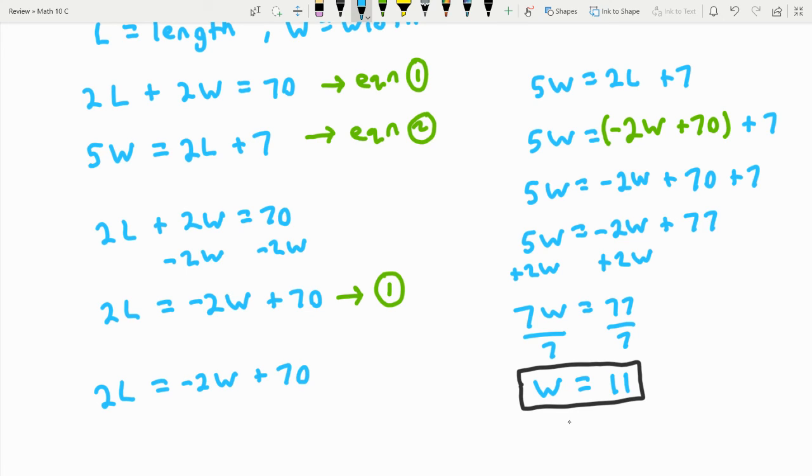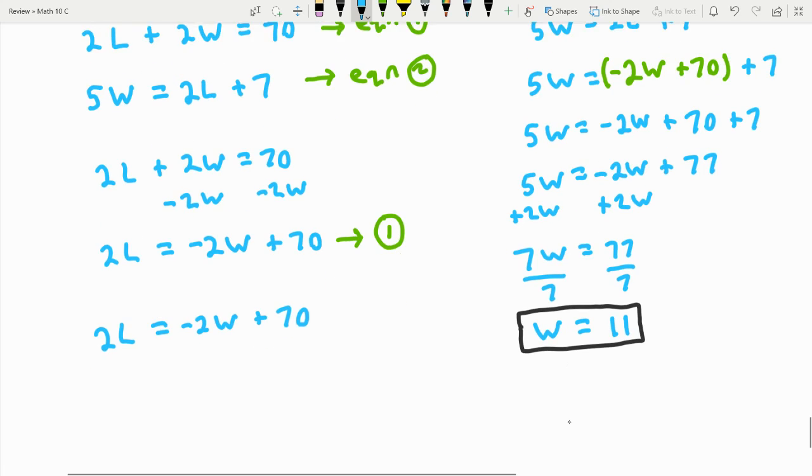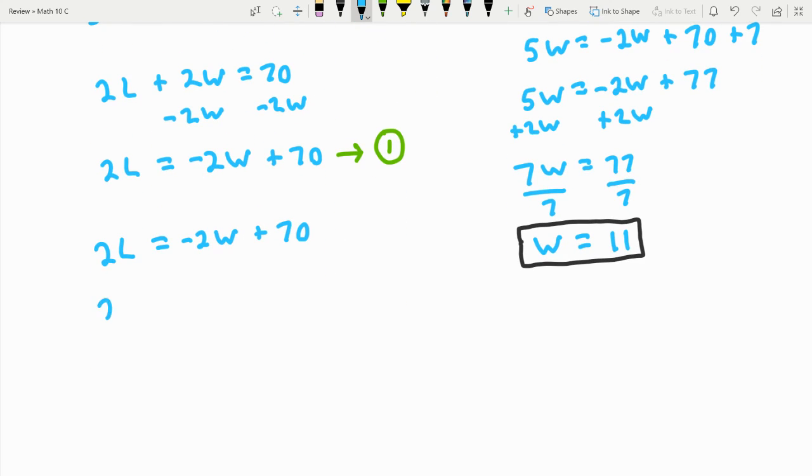The reason I put it back into this one is because L is already on one side, so if I put in W, it should be easier to solve for L. So I would have 2L equals negative 2, now I'll add in my W. My W value is 11, plus 70.